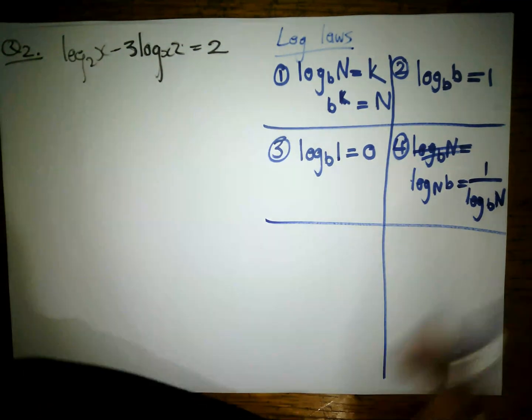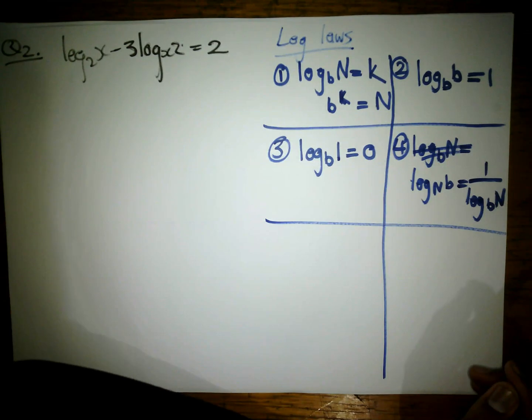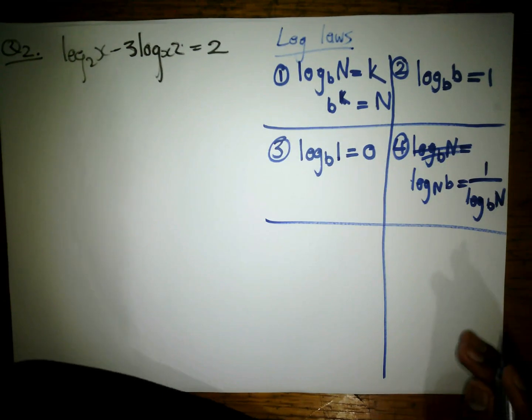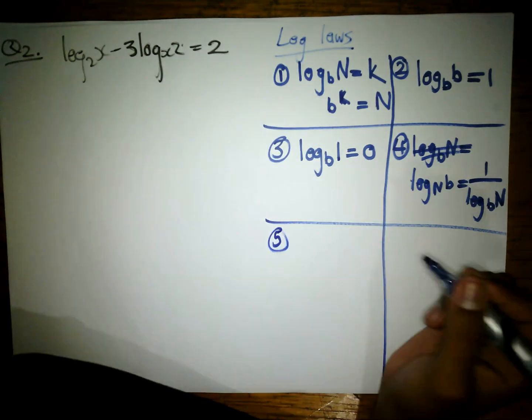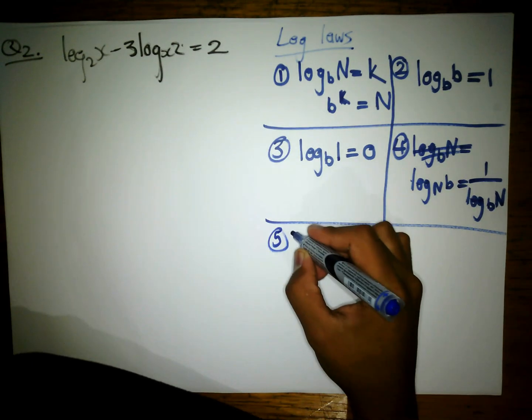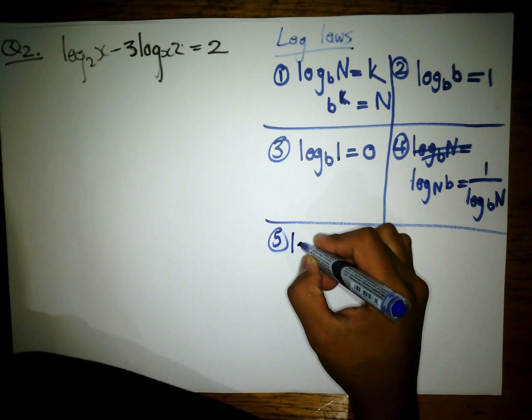These laws will mean nothing to you right now, but the moment you're in a situation or a question, you will understand why the rule or the law is needed.